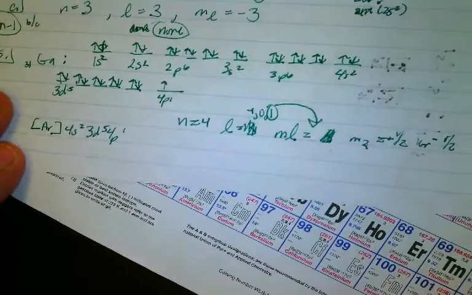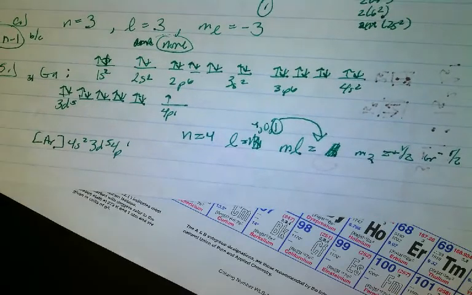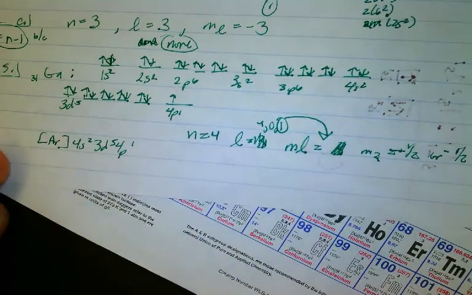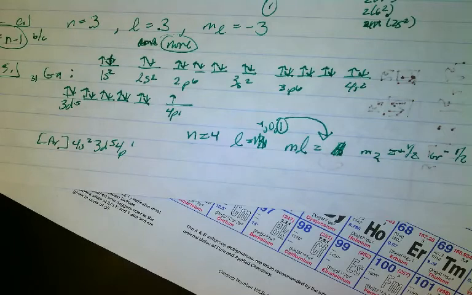Here's 15. Gallium. Are you good with the electron configuration? Then I did the noble gas configurations, because notice, everything here is completely full. So then I use my shortcut.